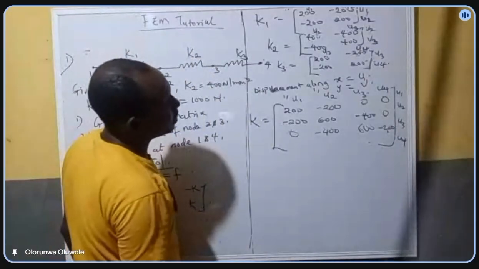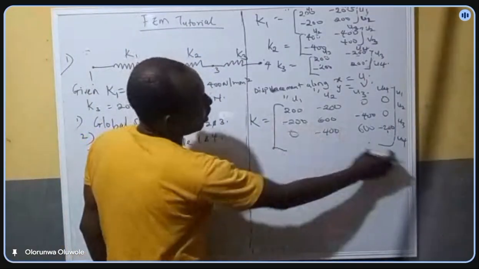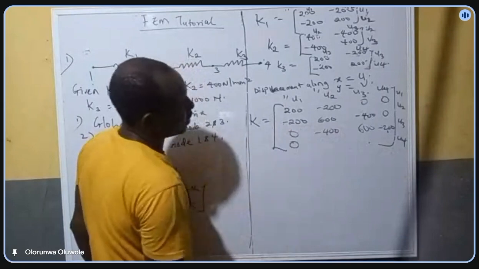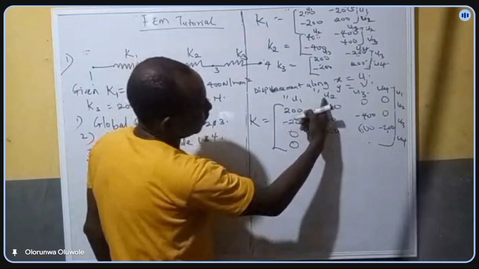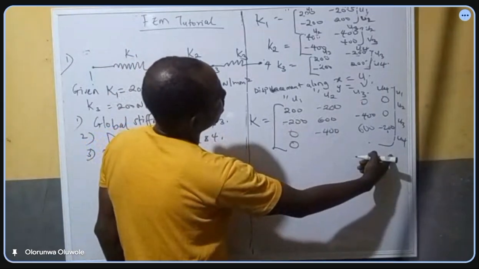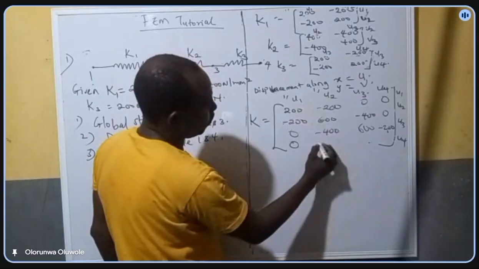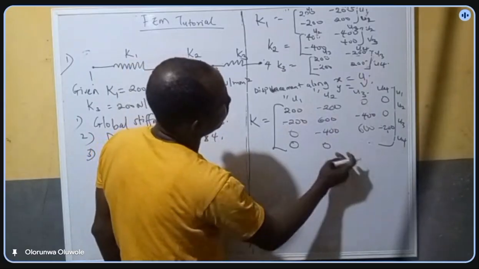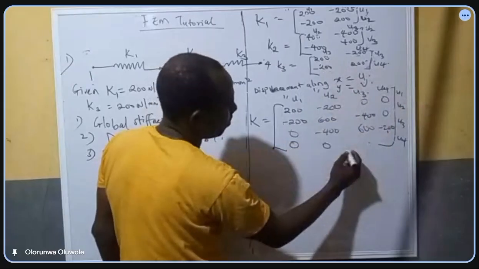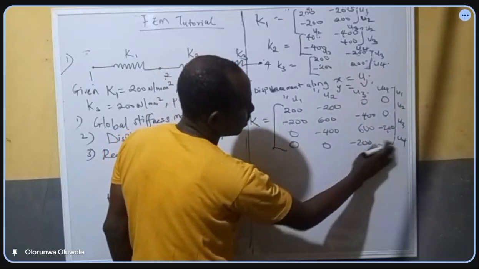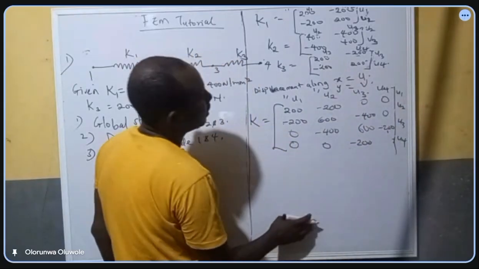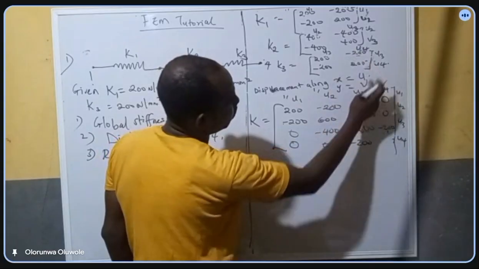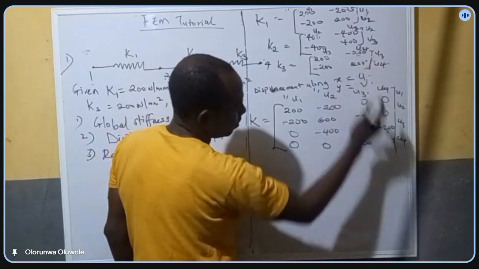Are you following, please? Then we have U1, U4. No, U1, U4 is 0. Then U2, U4. No, U2, U4 is 0. Then U3, U4, minus 200. Then U4, U4, which is 200.